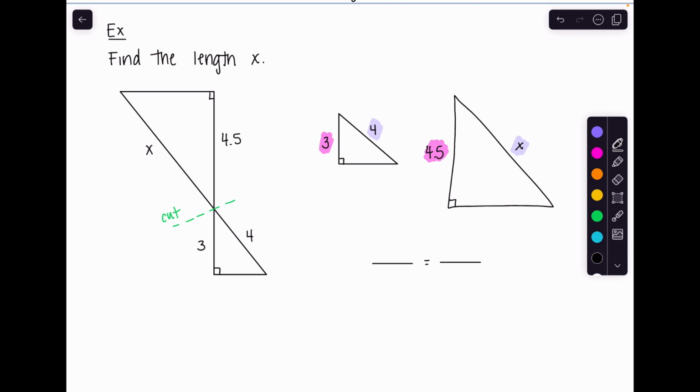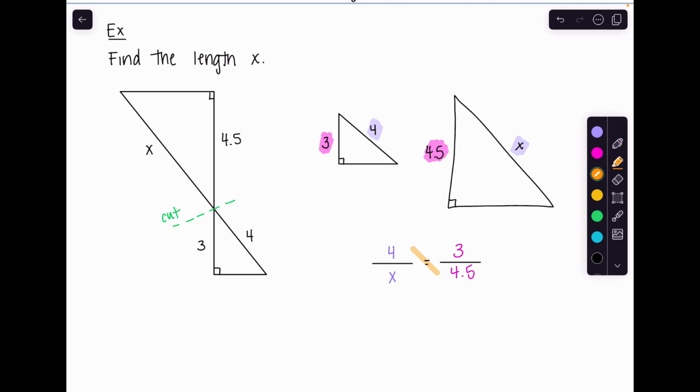So to make things simpler though, I know the 4 and the X pair together. So I'll go ahead and say 4 divided by X, since those are the like ones. And since 4 went in the top, I'm going to pair 3 in the top of this other one to stay consistent. And then the side corresponding to it is 4.5.